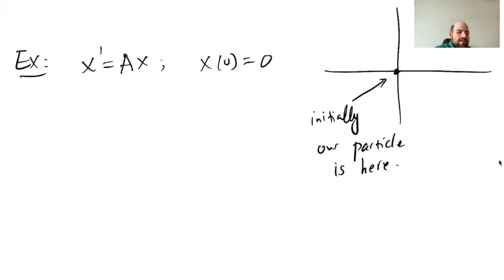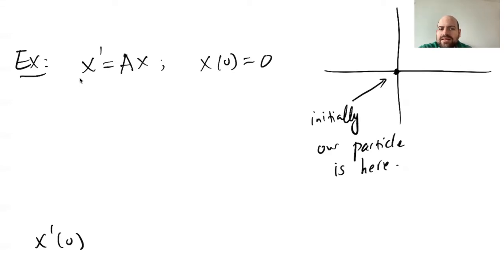Then what will be the velocity at this moment? X prime of 0, because I know that x prime is always a times x. A is a fixed matrix. So once I know x at some t, then I can find x prime at that t.